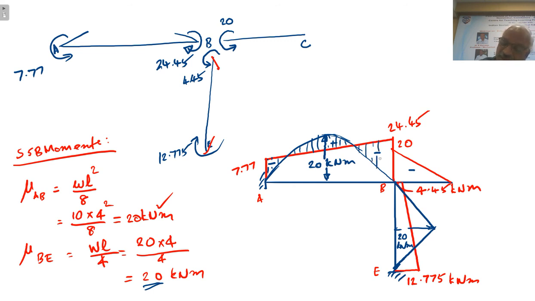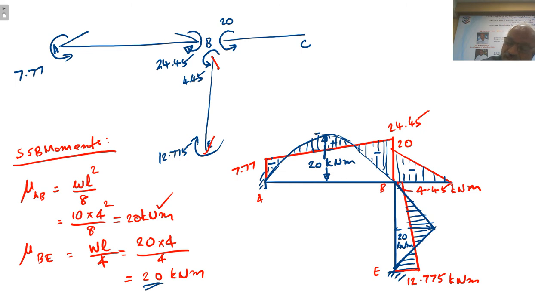In other places, positive and negative will get cancelled with each other, right? Now here also you have to hatch it only perpendicular to the member, right? So we have to find out the net value for the design purposes.